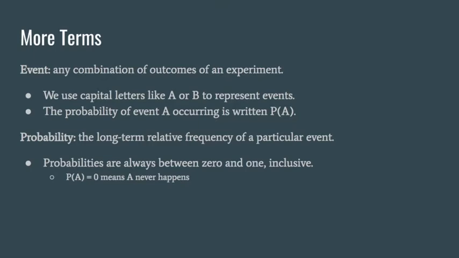From a mathematical perspective, probability of 0 doesn't mean something's impossible. It just means it never happens, which might sound like the same thing, but it's not quite the same thing. If the probability is 1, that means that it always happens. You can think of that as it's basically guaranteed to happen.